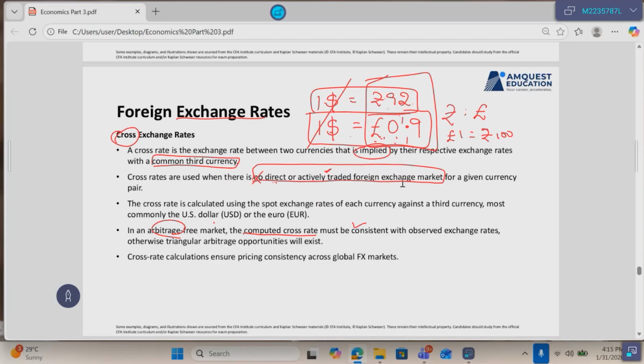Correct? And this has to hold true, otherwise this will end up in an arbitrage. Clear? So I'm using two rates with a common denomination to derive an implied rate between the other two currencies. Clear? Don't run to find any formula; remember the concept, logically, how to get this answer.